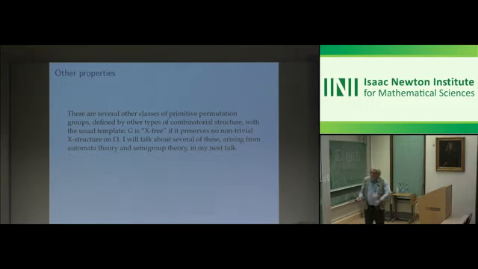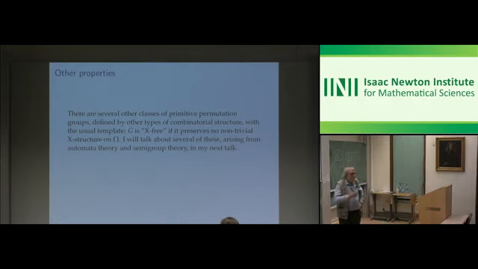Okay, so I'm going to spend the last bit of time telling you about another permutation group condition, which there's recently been some progress on. So we're defining permutation group properties by saying there's no non-trivial structure of some particular kind on omega. So I'm going to call a group X-free if it preserves no non-trivial X structure.